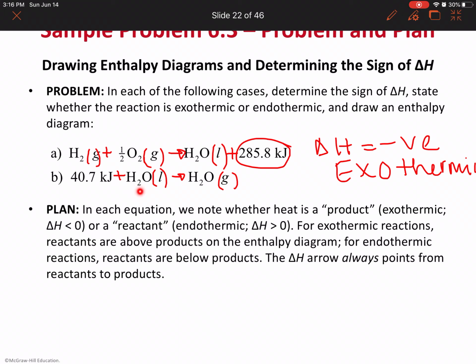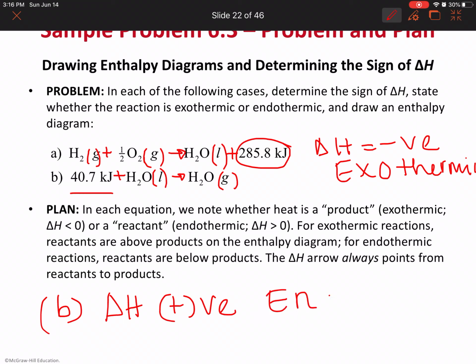Who is going to have more heat at the end? Gaseous water. So the final would be higher in energy compared to the initial. So the sign of delta H is going to be positive. So for B, delta H is going to be positive, and the heat is being absorbed, so that is an endothermic reaction.